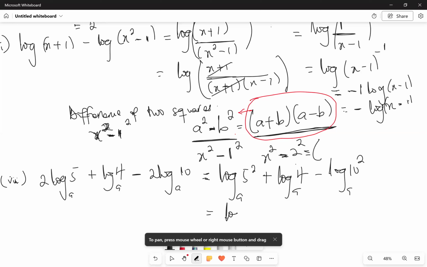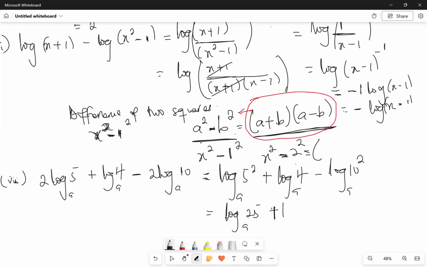Then now that'll be log 25 base A plus log 4 base A minus log 100 base A.